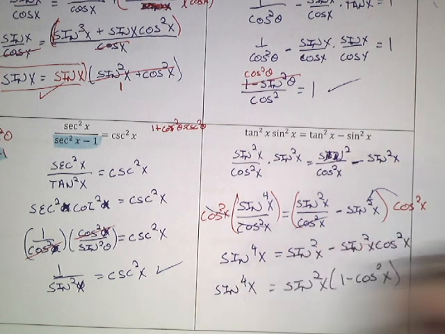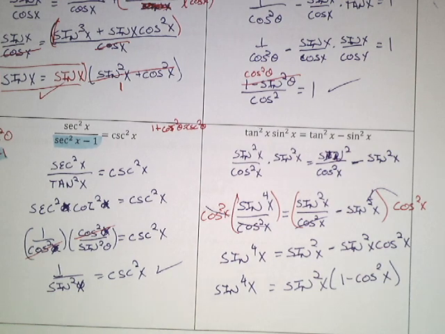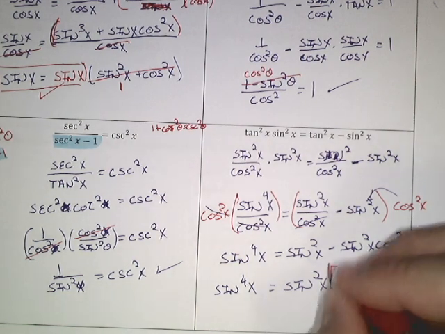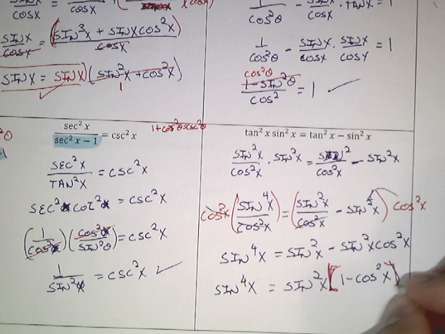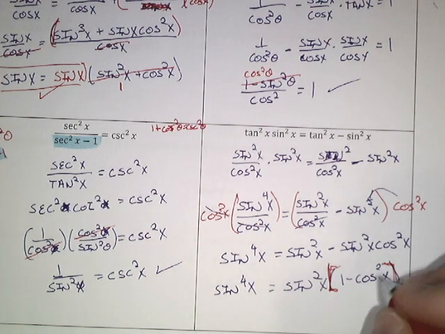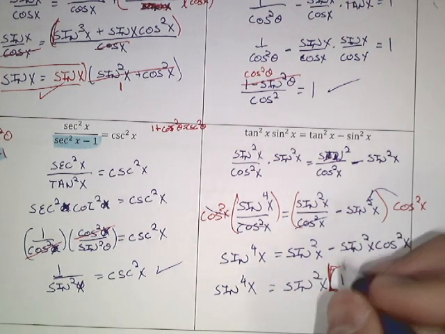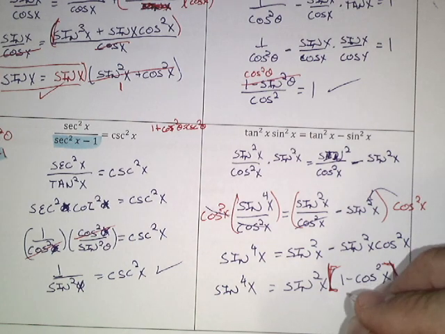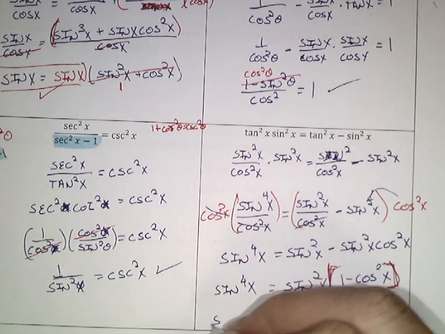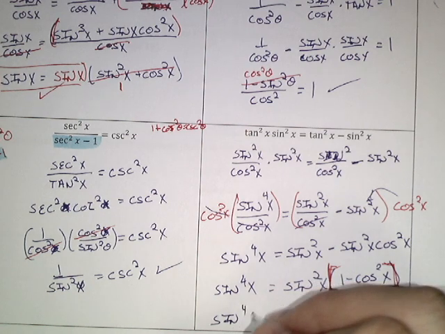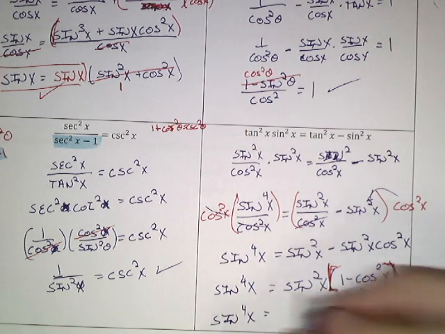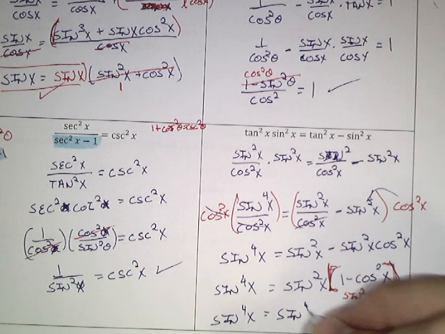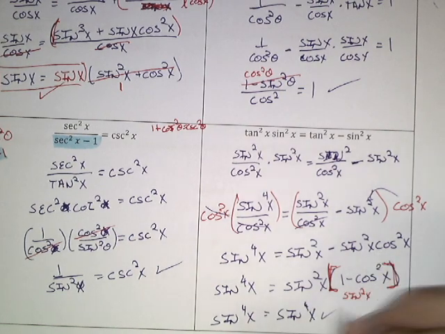Sorry, 1 minus cosine squared is just sine squared. So this would just be sine squared x. So we end up with sine to the 4th power x. Sine squared times sine squared is sine to the 4th power x. And we're done. Cool.